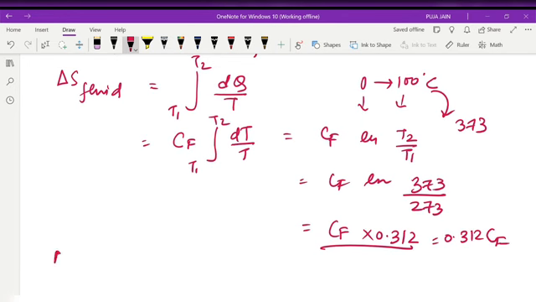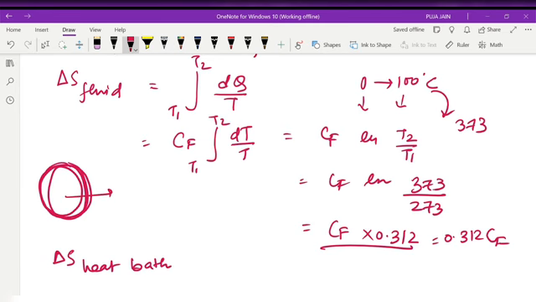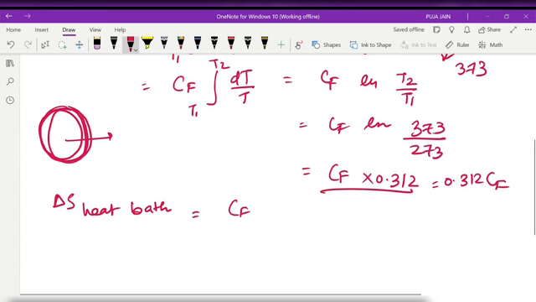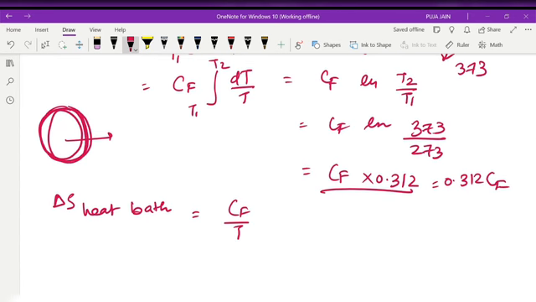Now delta S for the heat bath. A heat bath or heat reservoir has basically no change in temperature, because these are heat reservoirs.